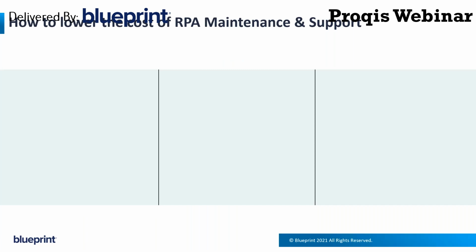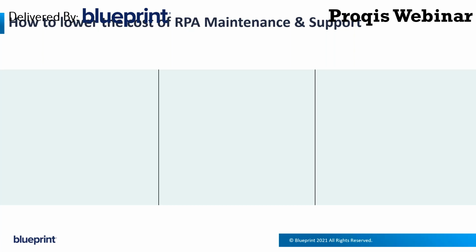The burden of high RPA maintenance and support has been a major contributor that has both increased RPA's total cost of ownership and caused RPA programs to underdeliver. To give you a loose frame of reference, if you're running 20 bots, the average number of break-fix cycles and effort needed to maintain and support those bots can cost upwards of $400,000 in business value lost.